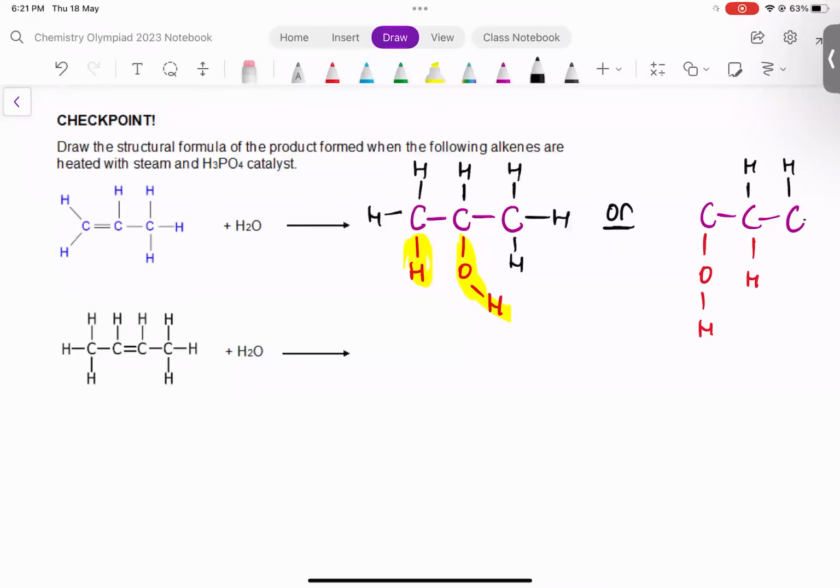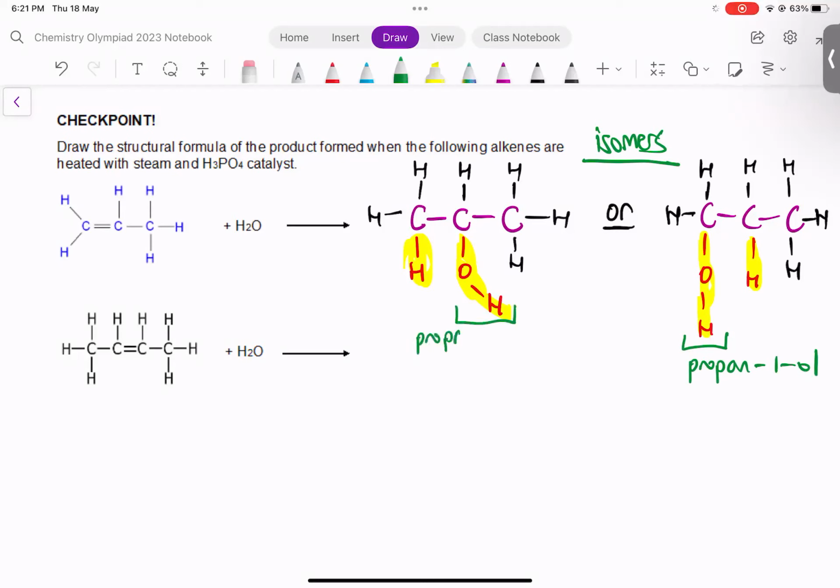And obviously, these two products are not the same. Again, these are isomers of each other. If the OH is at the end, we call this propan-1-ol. If the OH is in the middle, we call this propan-2-ol.